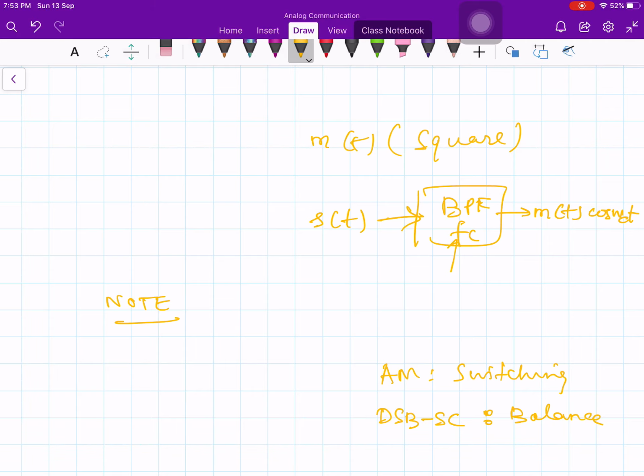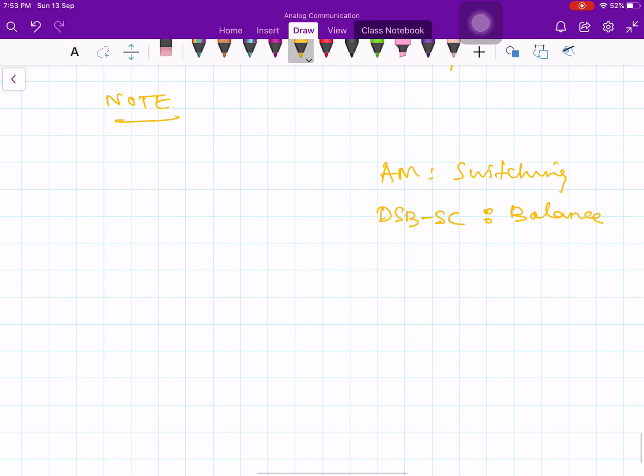Okay, so that's all about the practical realization of your mixers and other modulated waveform generation. Okay, so anything left?